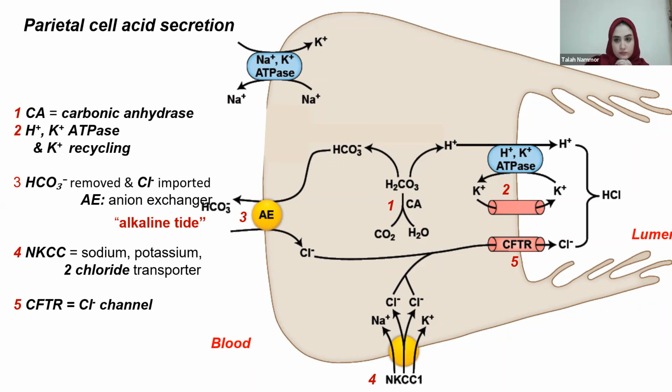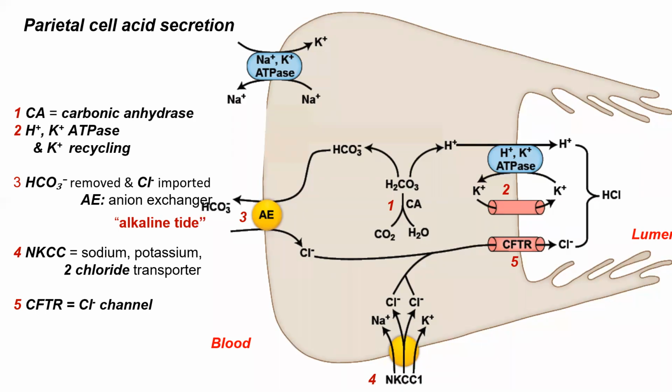The hydrogen will be released by the ATPase, and it will be replaced by the K channel, which will release the potassium so that we can recycle it and release hydrogen.